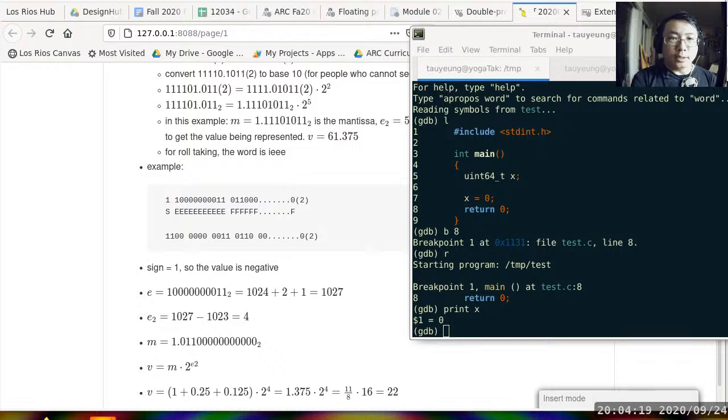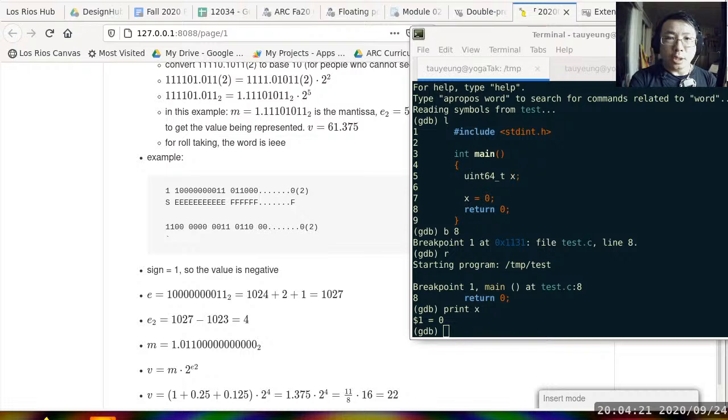So now that it is expressed in chunks of 4, I look at 1100. It is represented in hexadecimal as C, which is what we know as 12 in base 10. 0000 is just 0. 0011 is 3. 0110 is 6. And then we have a whole bunch of zeros after this.